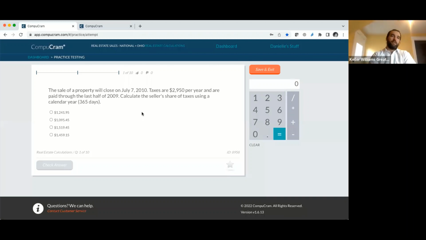Question number one. The sale of a property will close on July 7th, 2010. Taxes are $2,950 per year and are paid through the last half of 2009. Calculate the seller's share of the taxes using a calendar year.